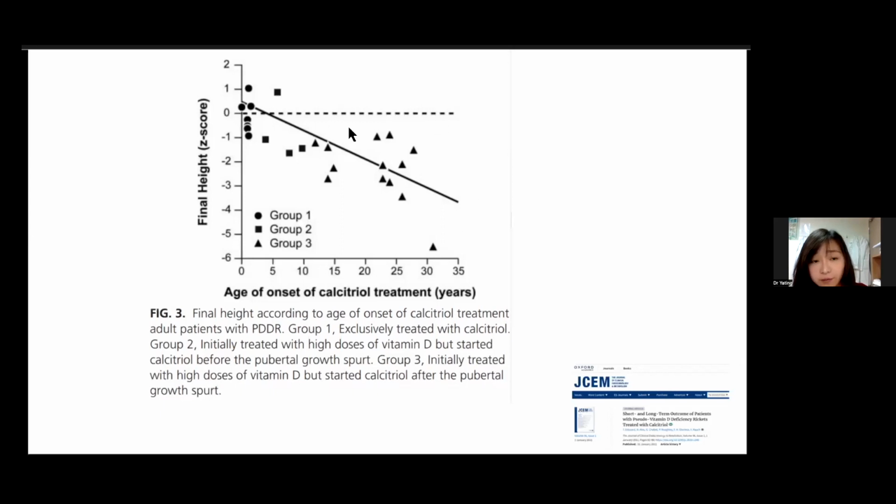Compared to the third group, who only received calcitriol after the pubertal spurt, the height in the end is much shorter than group 1. So I can tell the parents it is possible to have a normal height in the end if they have good compliance and follow-up.